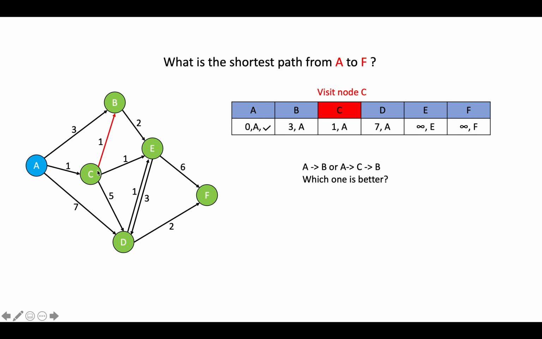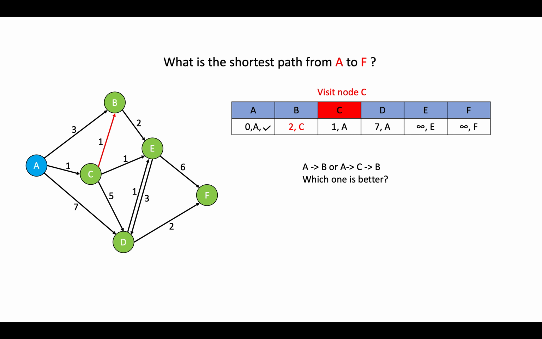So we should accept this new information. We update node B here: we go from node A to node B via node C. So for node B, the predecessor here is node C.